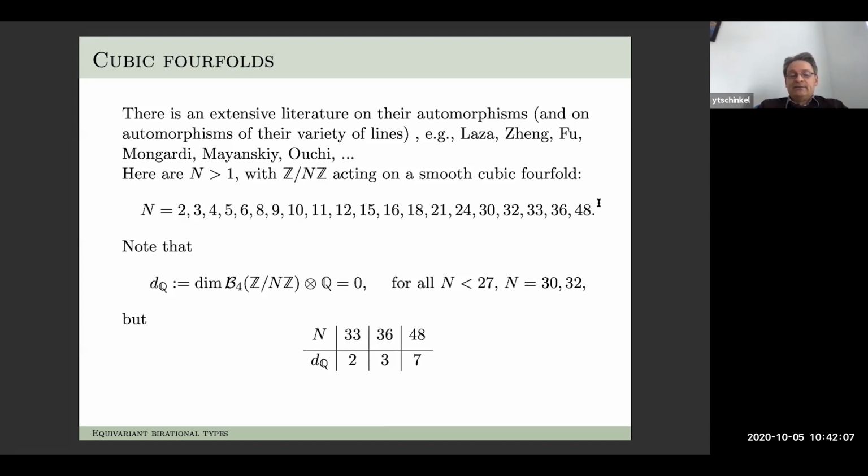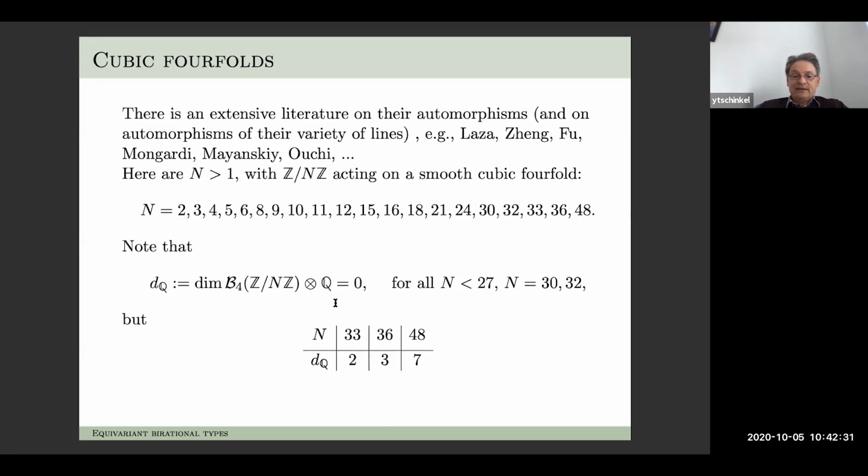So, to get something non-trivial using the group B4, we have to have that this group is non-zero. It turns out that it's actually 0 for all n less than 27, n equals 30, and 32. So 27 doesn't show up here in this list.